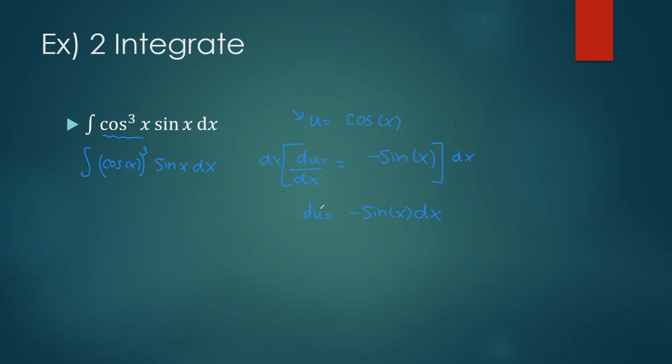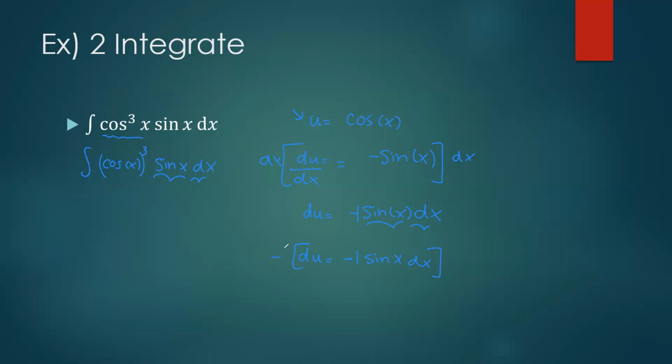Okay, now this next step is get rid of anything we don't need. On the right side, we have a sine x and a dx, but we don't need this extra minus or this negative 1. So we're going to have to get rid of it. How do we get rid of this negative 1? By multiplying both sides by negative 1.